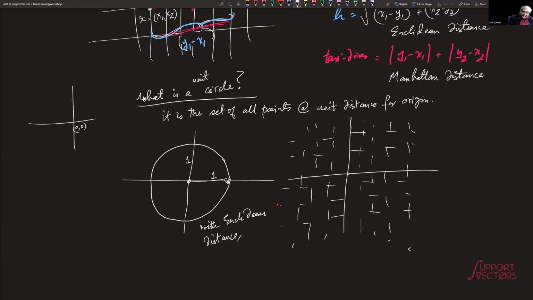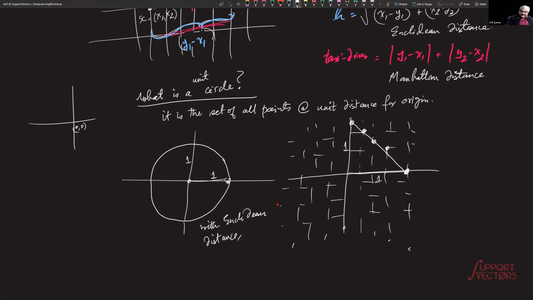The taxi driver can go 1 unit here, or the taxi driver can go 3/4 of a unit and 1/4 unit up, or the taxi driver can go half a unit and half a unit, or 1/4 of a unit and 3/4 of a unit up, or 1 whole unit up, right? This is 1, this is 1.